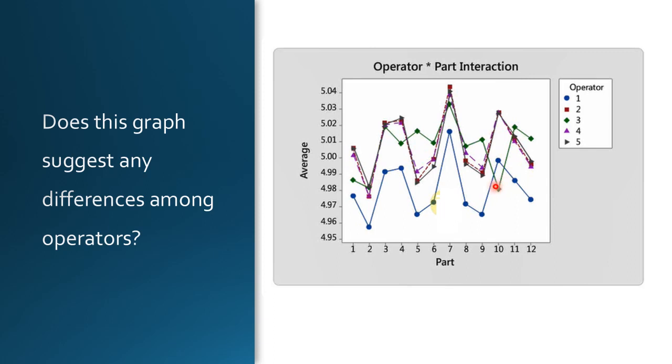In most cases, the values from operator 3 are different from other operators. Sometimes operator 3 has measurements that are smaller than, equal to, or larger than those of the other operators. Such a pattern indicates an operator by part interaction, possibly the result of poor operator training.